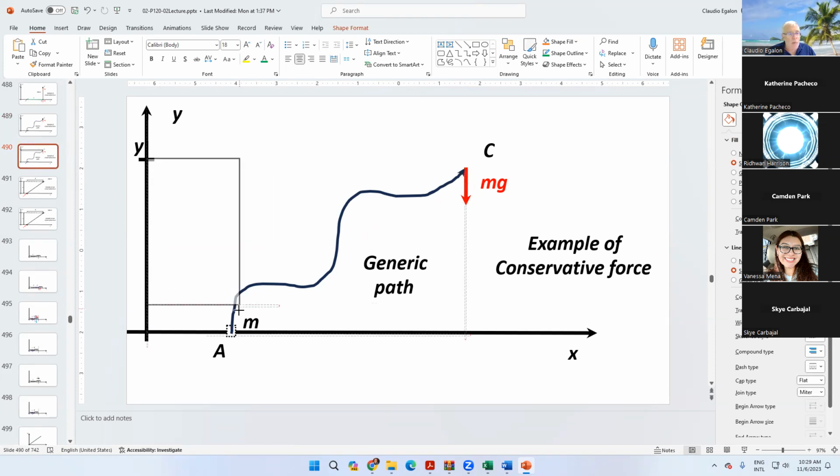I'm going to draw my building right here. Here's my little pebble or stone. And don't forget, ignore air resistance.